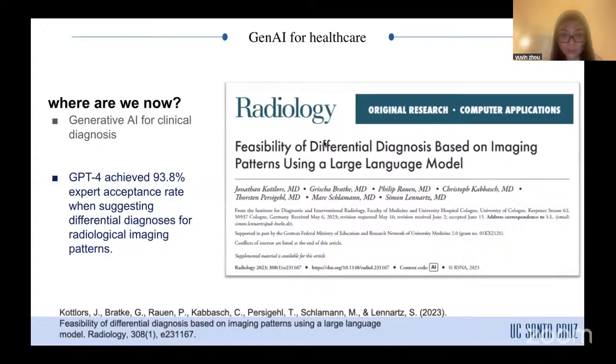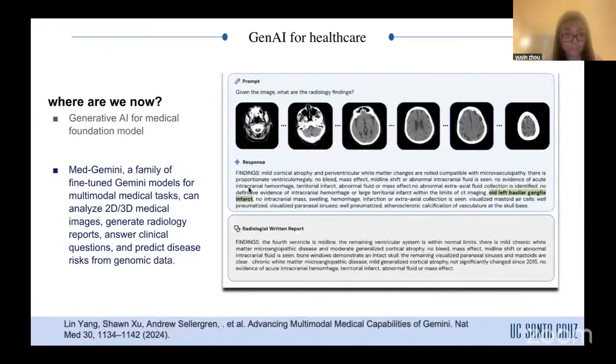Also, this piece of work shows the feasibility of differential diagnosis based on imaging patterns using a large language model. Specifically, they tested the well-trained GPT-4 on the general domain, and they showed that GPT-4 achieved over 90% expert acceptance rate when suggesting a differential diagnosis for radiological image patterns.